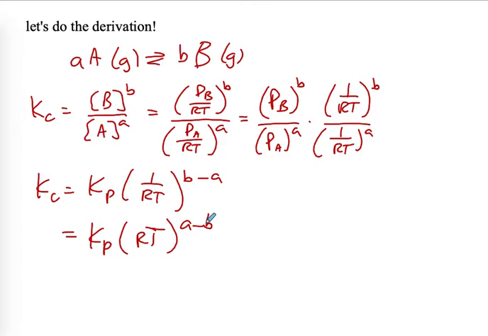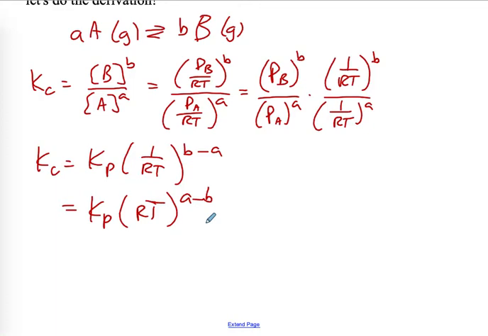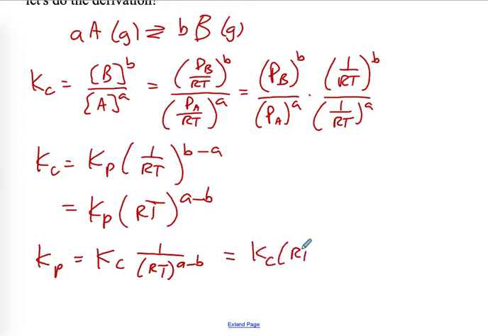That's Kc as a function of Kp. Let's now get Kp as a function of Kc. Kp equals Kc times 1 over RT to the a minus b, which is equal to Kc times RT to the b minus a. Okay?